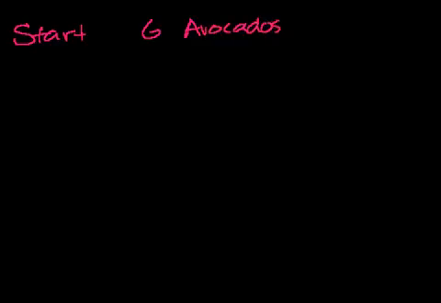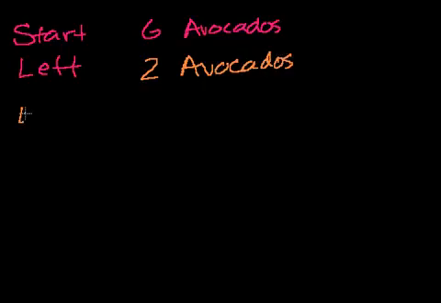And let's say someone comes into my room and eats a bunch, and I'm left with 2 avocados. I'll do it in a different color. Let's say I'm left with 2 avocados. My question is, how many did the person eat? I started with 6 and I'm left with 2.